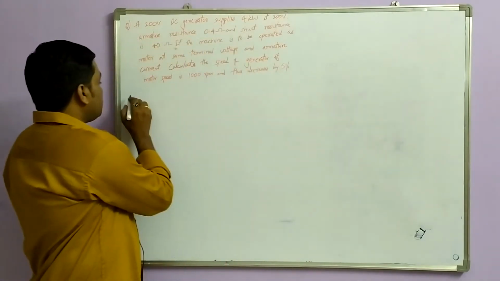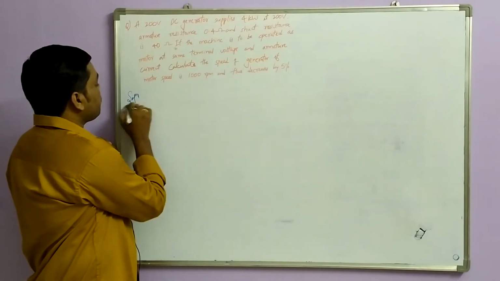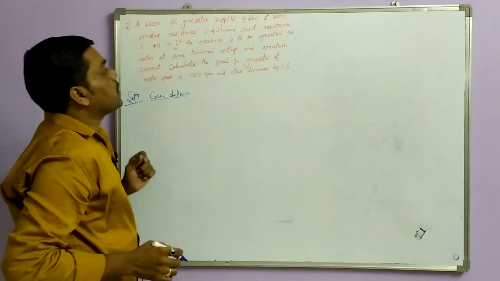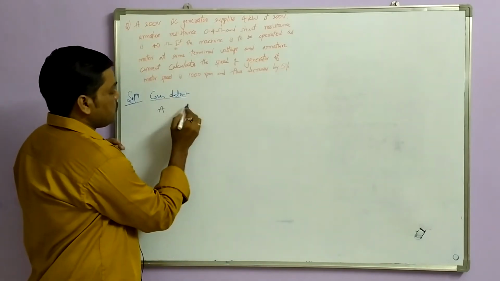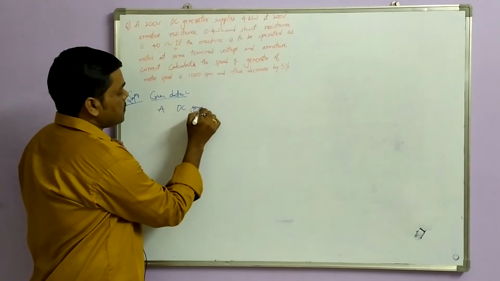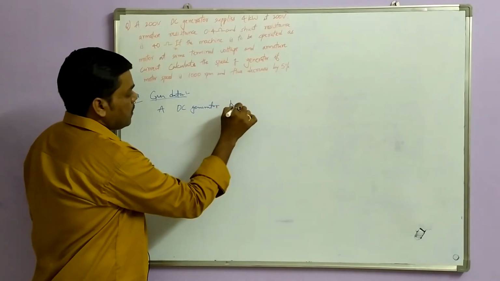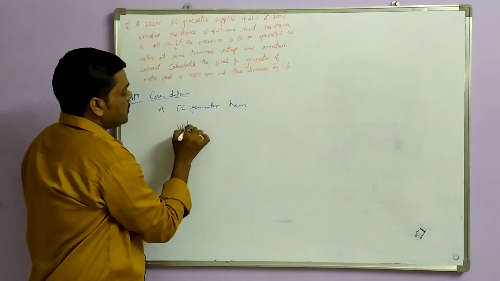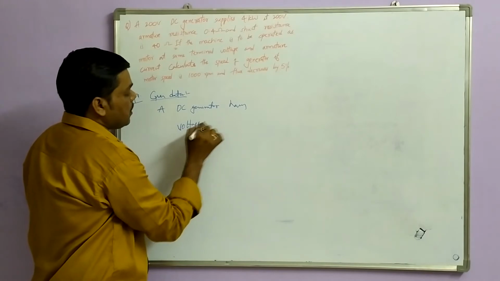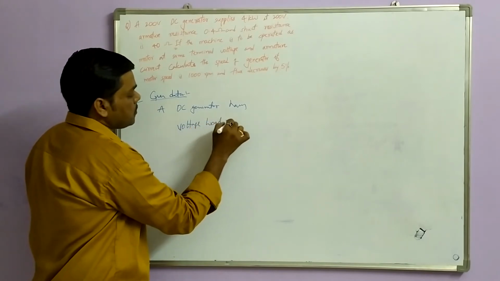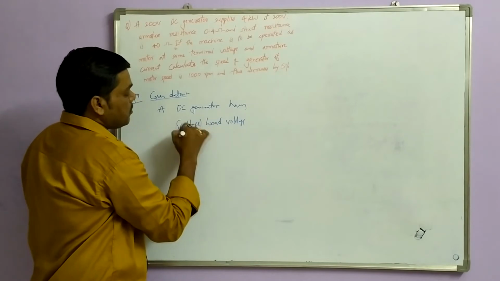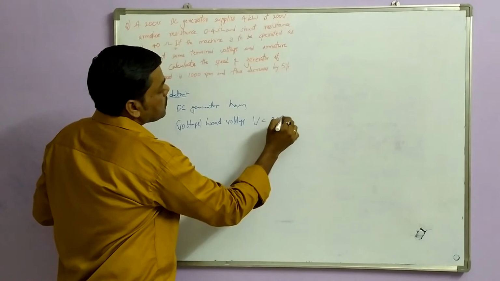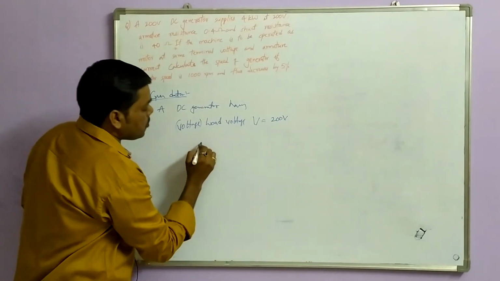Now for the solution, write the given data. A 200 volts DC generator having voltage. For a DC generator the voltage will always be the load voltage. So V is equal to 200 volts and output power is given.